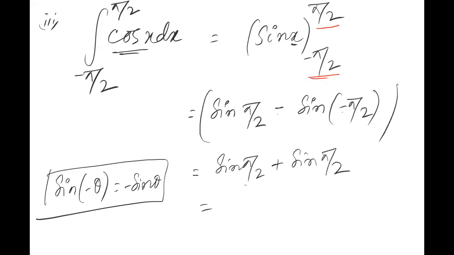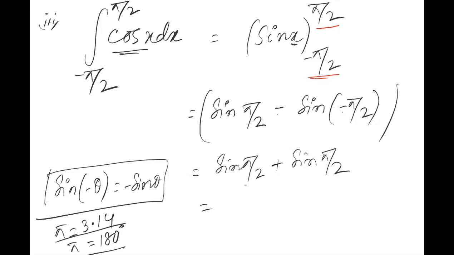Pi has two values. If pi is used as a number, its value is 3.14. And if pi is used as an angle, pi means 180 degrees.